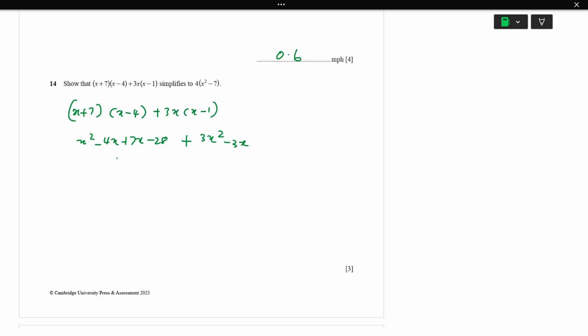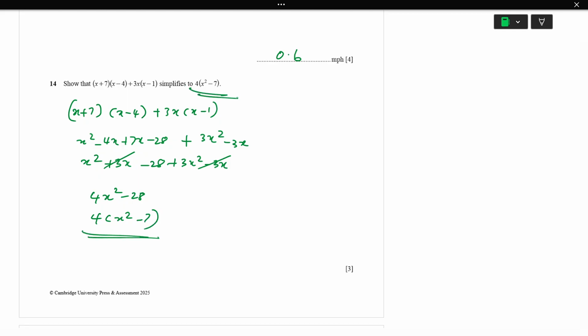So the answer is x square plus 3x minus 28 plus 3x square minus 3x. So this part is 0. So 3x square plus x square is 4x square minus 28. Bring the 4 outside: 4 times (x square minus 7). This is what we need to prove. Simplify, so we got the answer.